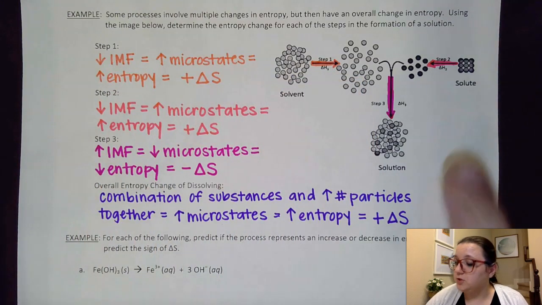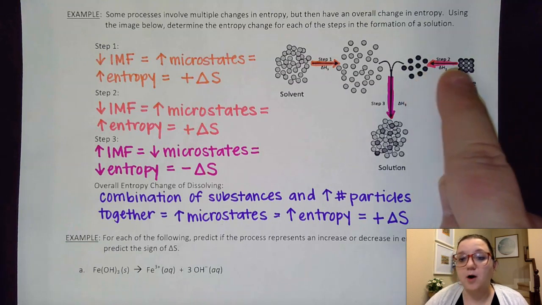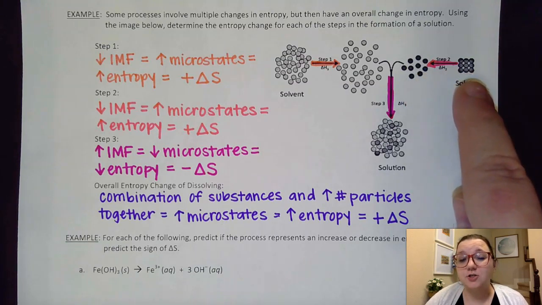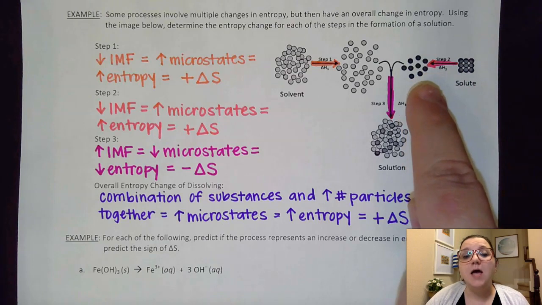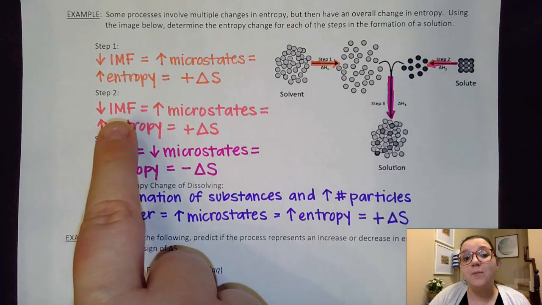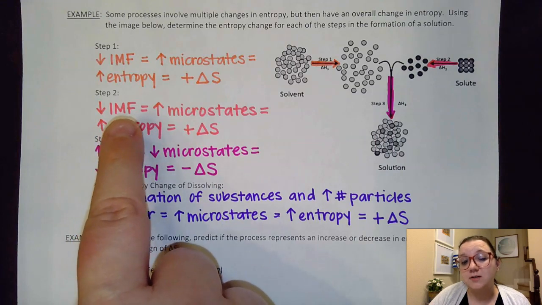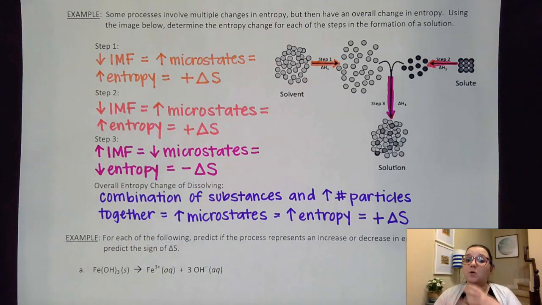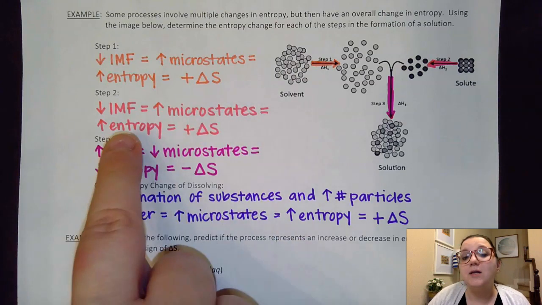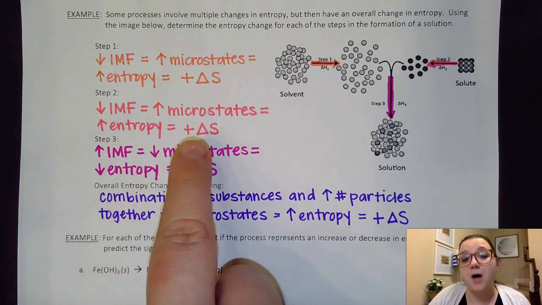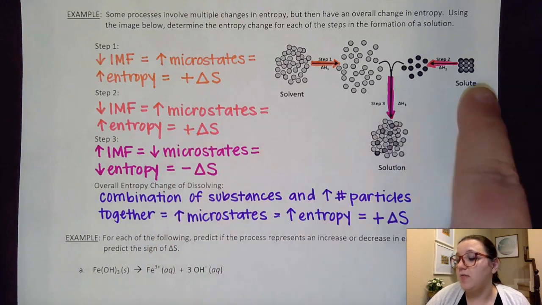Now step number 2 is the solute here breaking apart. I have a solid actually here that's going to get dissolved. And so again, in breaking up those particles, I'm breaking up the intermolecular forces that are existing here, meaning I'm going to have more arrangements possible and more microstates. And so therefore that would increase my entropy and I would have a positive delta S for that step as well.